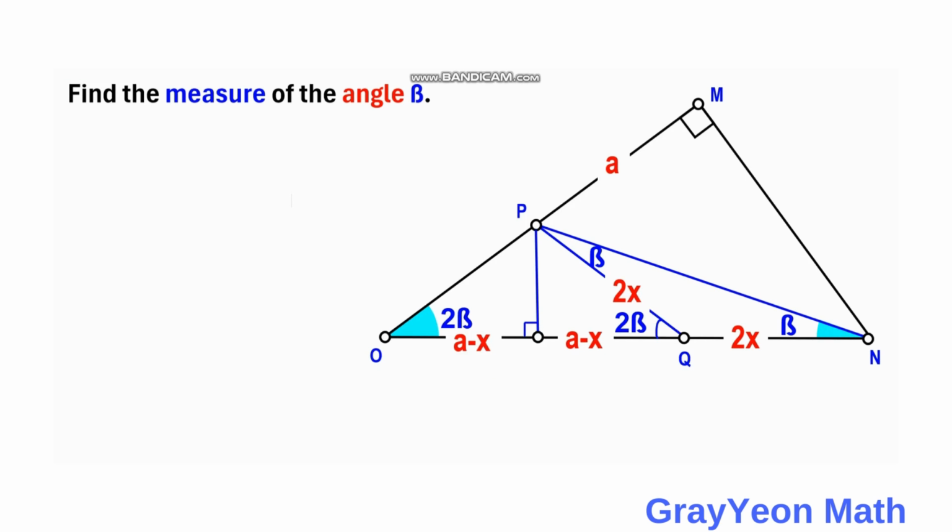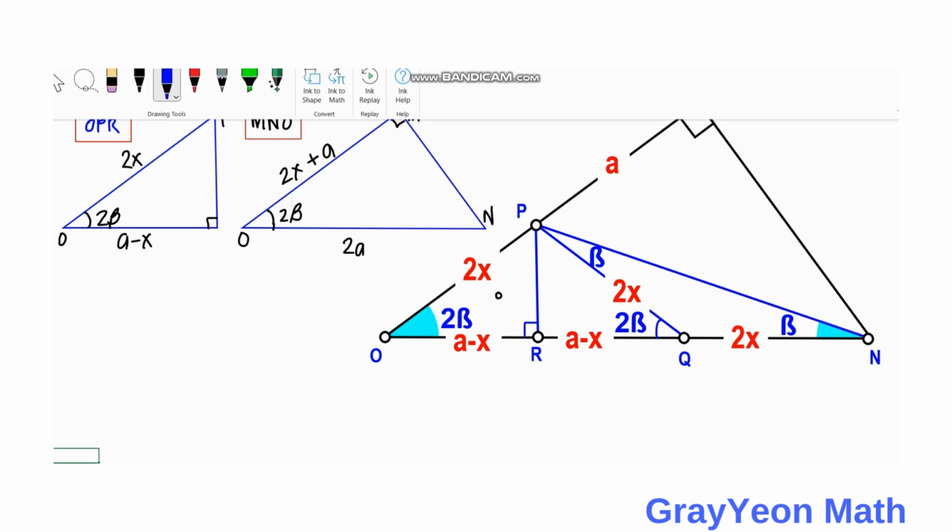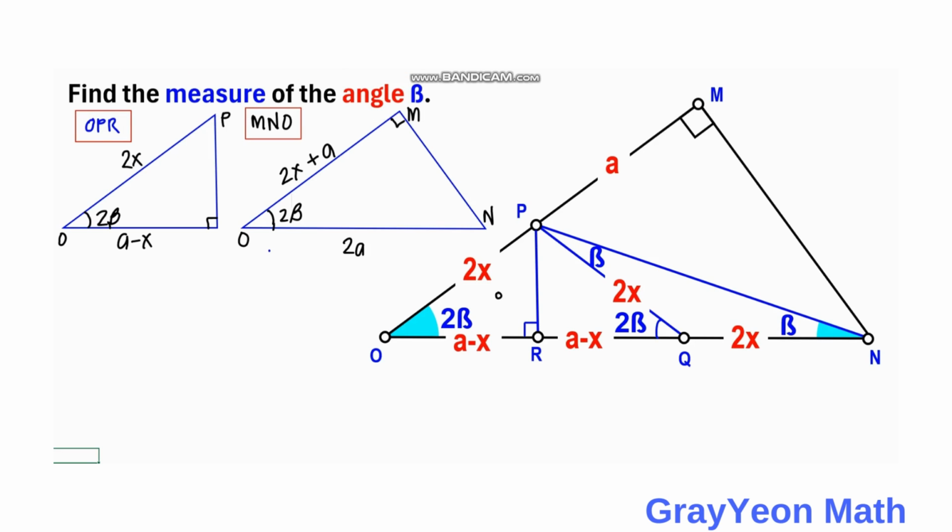Since OPQ resulted in an isosceles triangle, this segment PQ should also be 2x. Now we have isolated these two right triangles, OPR and triangle MNO. We'll use cosine of the angle 2 beta.